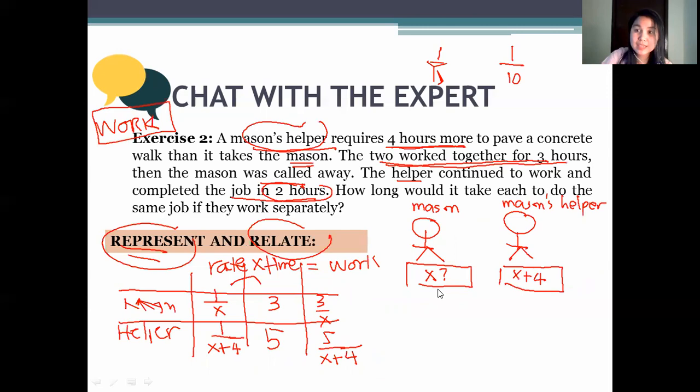That's x hours, right? Our x is 6. So the mason can work for 6 hours. How about the helper? The helper can work for x plus 4. So that's 6 plus 4. So the helper will work for 10 hours alone, while the mason can work for 6 hours alone.